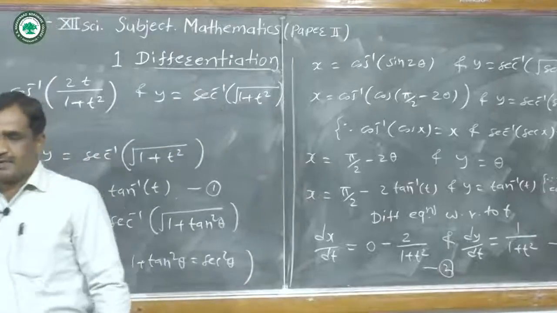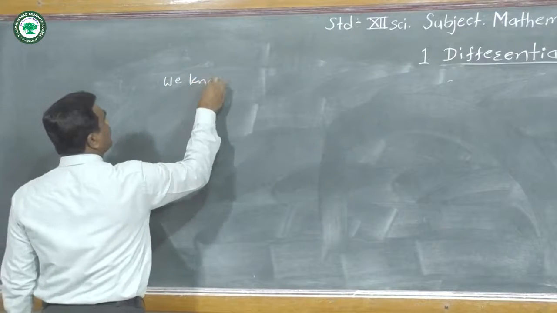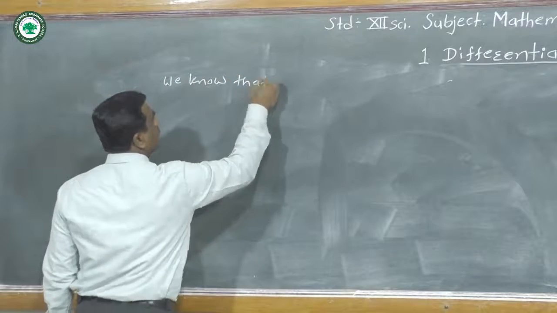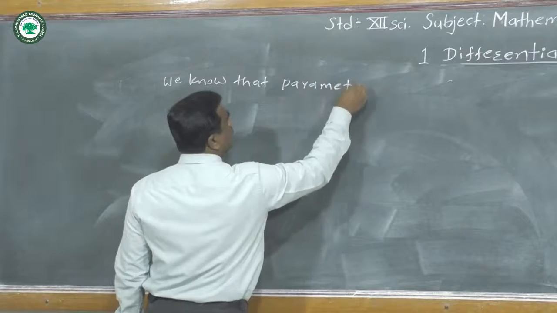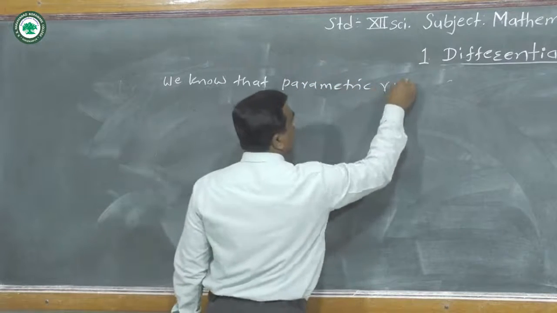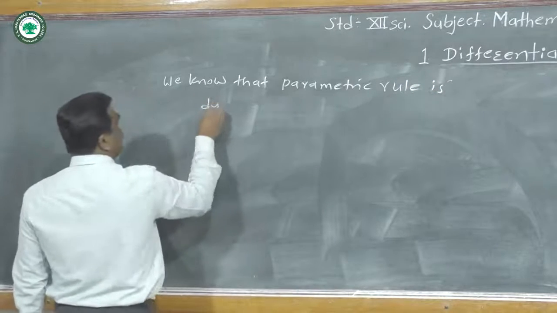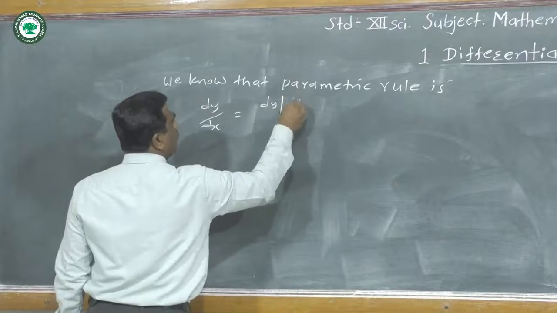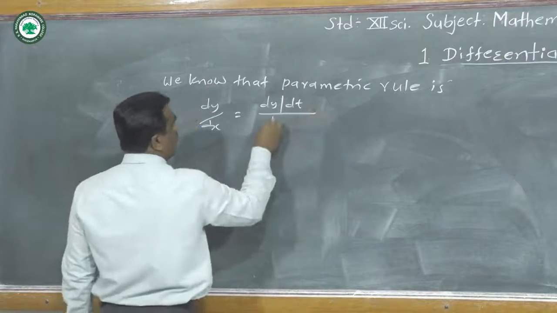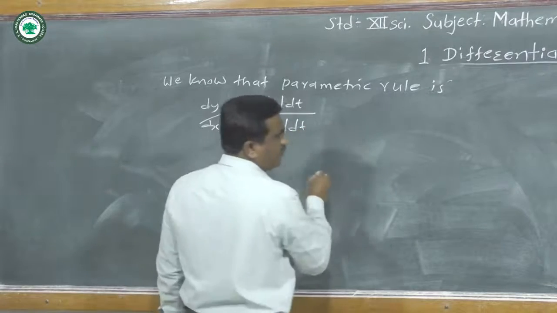Now we know that the parametric rule is dy by dx is equal to dy upon dt upon dx upon dt. Say this as equation number 4.